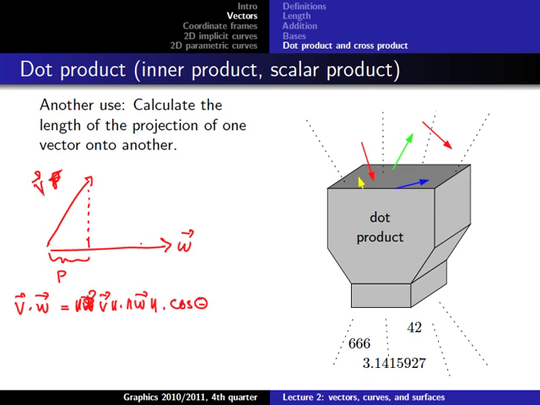And if you think about trigonometry, we have here this angle theta, we have here the right angle, then we know that the cosine of theta is defined as p divided by the length of this side here. And if we put this in here, then we see that the scalar product divided by the length of this vector w is exactly this scalar value p.